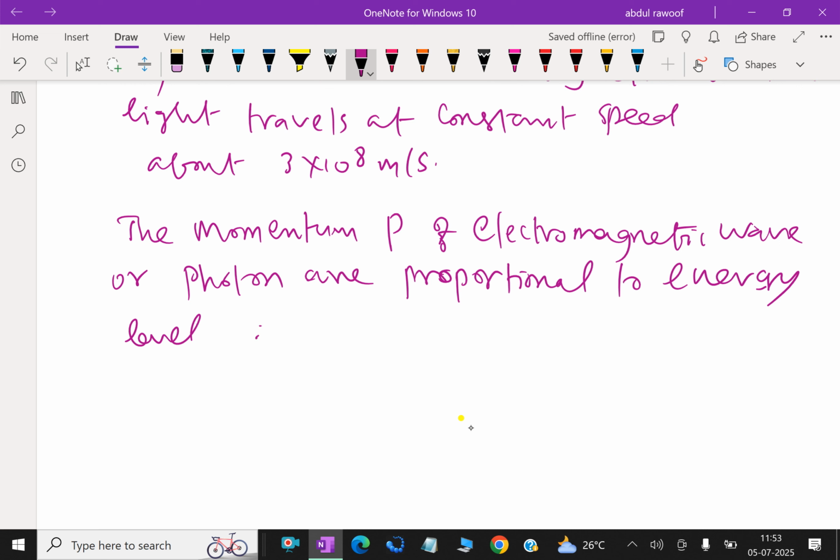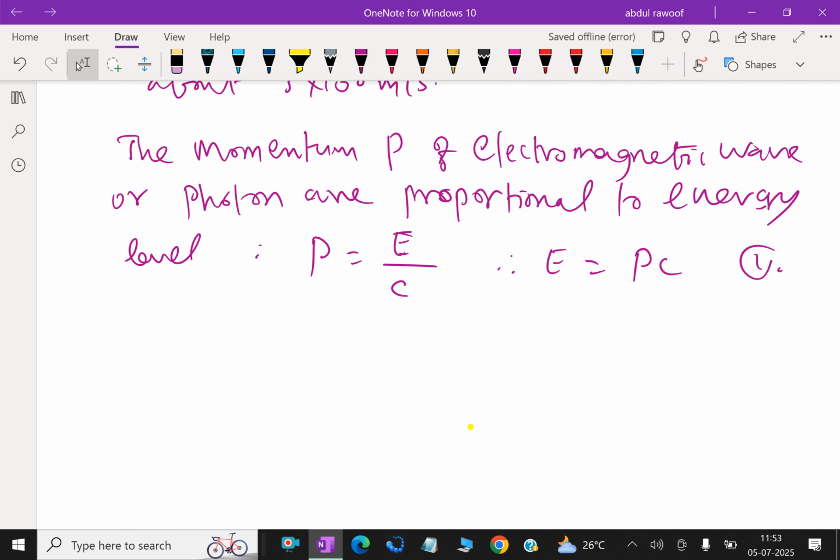Therefore, you can say momentum P is equal to energy divided by the speed of light. From this, we can see energy E equals Pc. Let it be equation 1. Now, we know that the momentum of any entity of mass m is equal to mv. P equals mass into velocity.